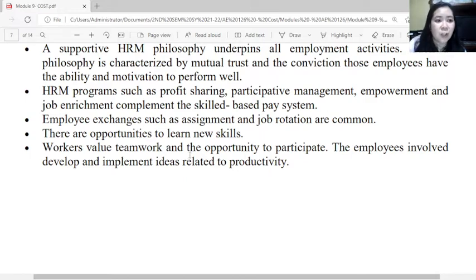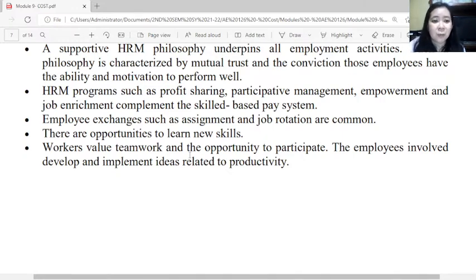Another is that HR management programs such as profit sharing, participative management, empowerment, and job enrichment will complement the skill-based pay system. Also, employee exchanges such as assignment and job rotation should be employed so that the employee will learn new things and apply their skills.